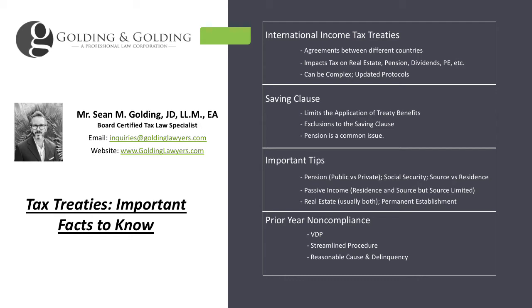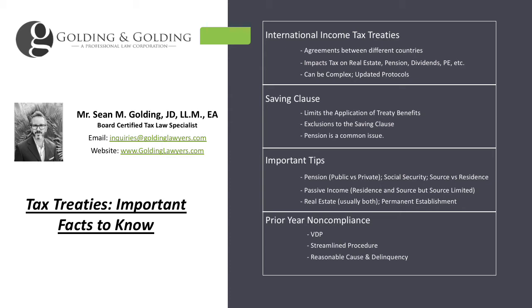And so what the saving clause normally does, it says, hey, no matter what kind of benefits you may get in the treaty, scrap all of that, because we are reserving the right to tax the individual or business based on how we would otherwise tax it under our general tax rules. So you have the treaty that gives you certain benefits. You've got the saving clause, which limits the application of benefits on certain types of income.